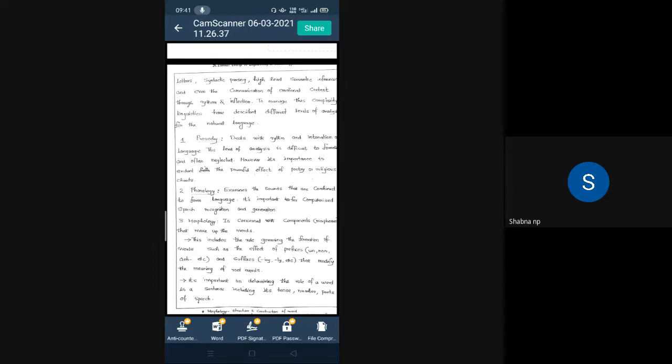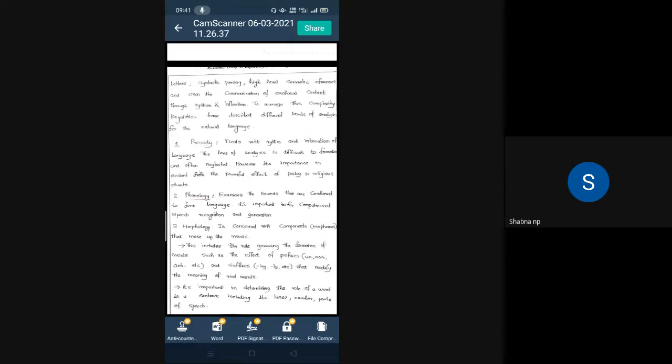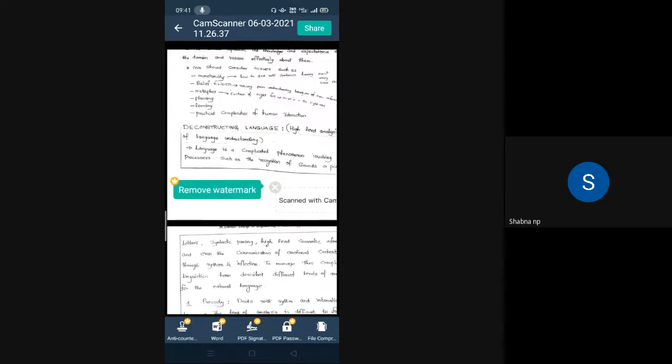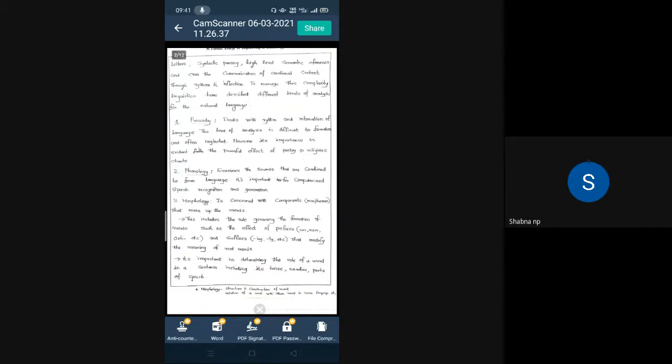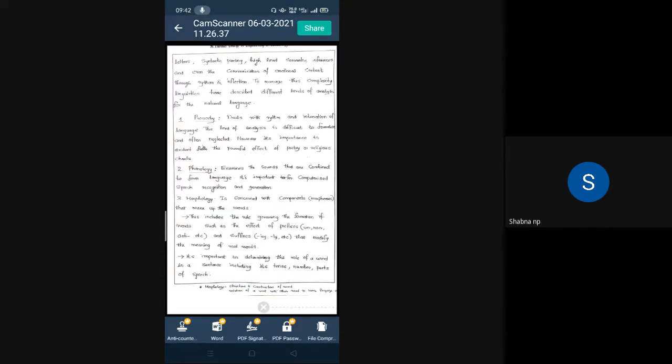Then morphology. What is morphology? It is concerned with the components that make up the word. That is, the components are called morphemes. Morphology is concerned with the components, or morphemes, that make up the word.